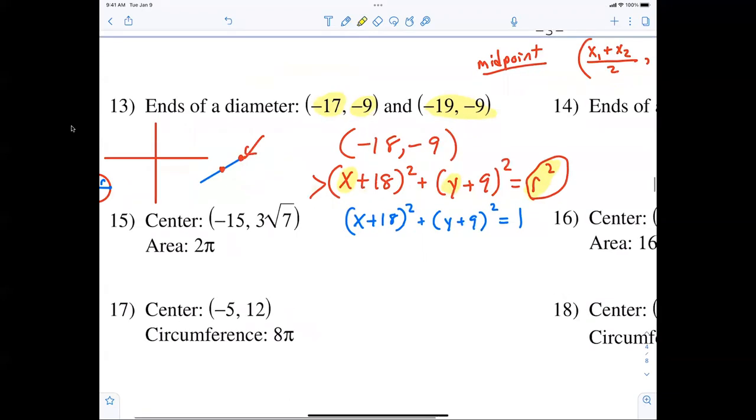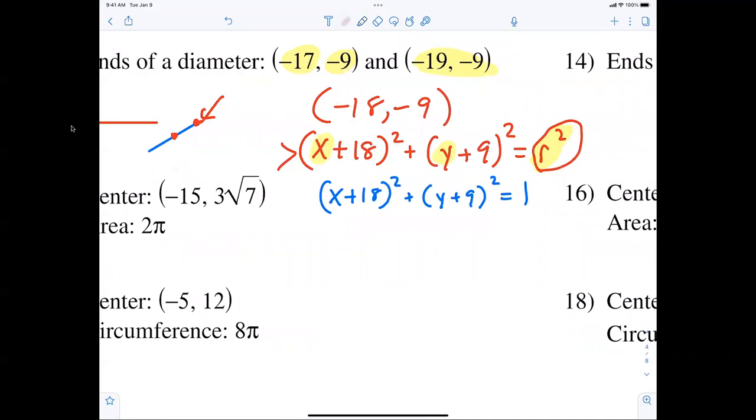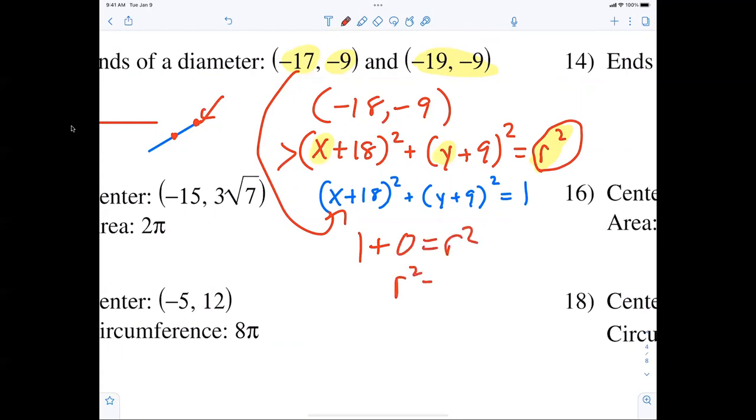So if I plug −17 in for x, what's −17 plus 18? 1, squared. 1 squared is 1, plus, if I plug −9 in, what's −9 plus 9? There you have it. So r squared was in fact 1.